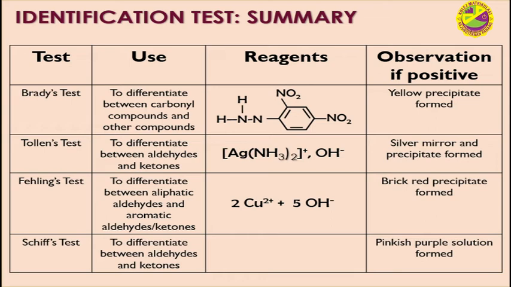If there is a carbonyl compound, it will be a positive test. The observation is yellow precipitate form. Tollens' test and Schiff's test are used to differentiate between aldehydes and ketones. The reagents for Tollens' test are Ag(NH3)2 plus and OH minus.